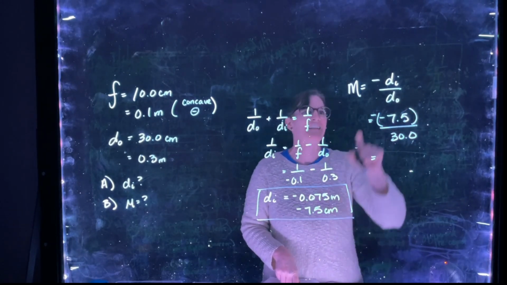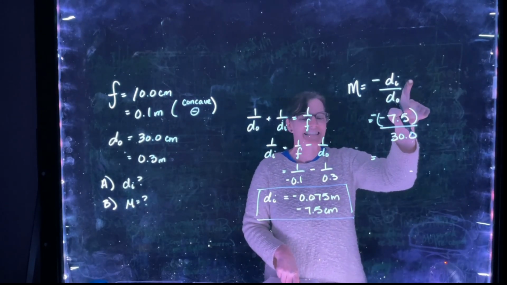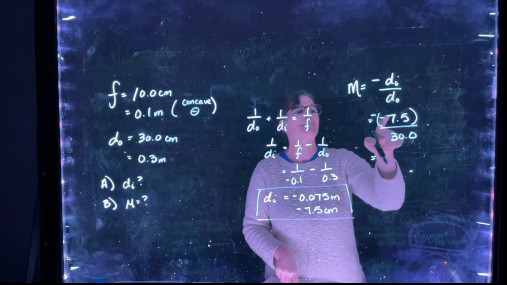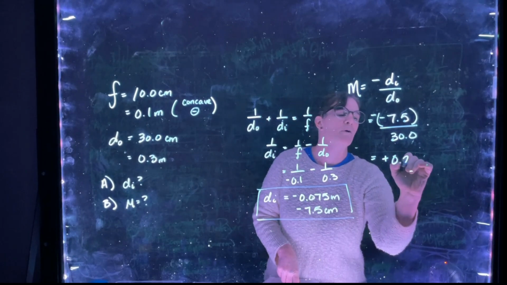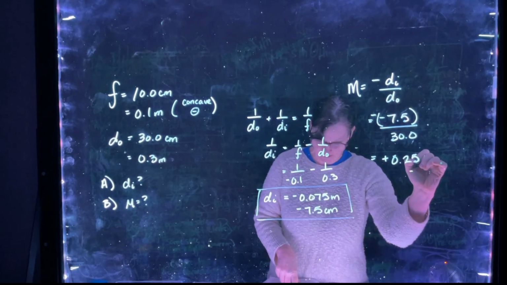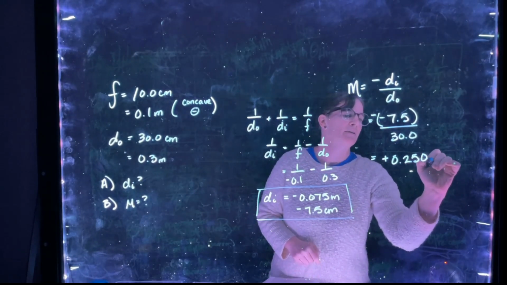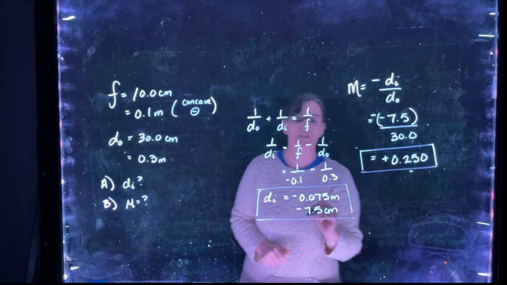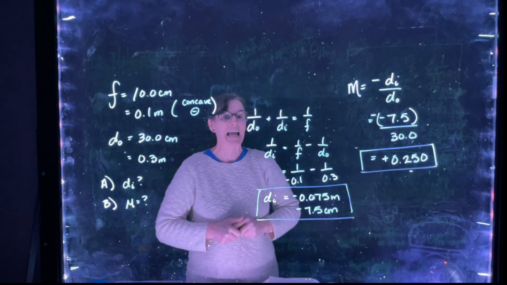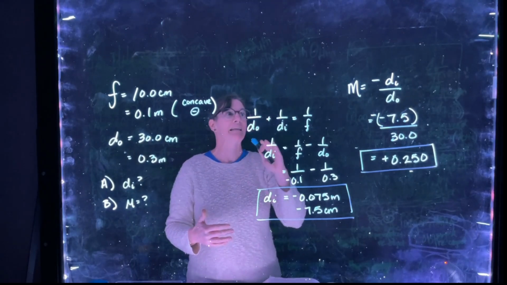Lost track of a negative: the distance of the image is negative, so we get a magnification of plus 0.250.